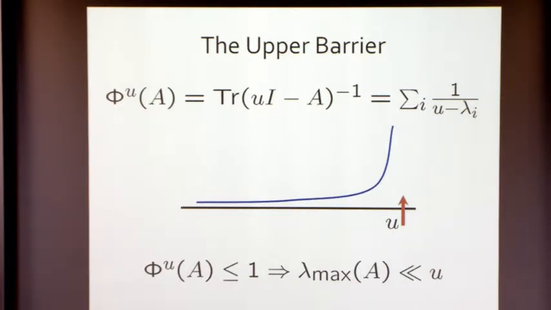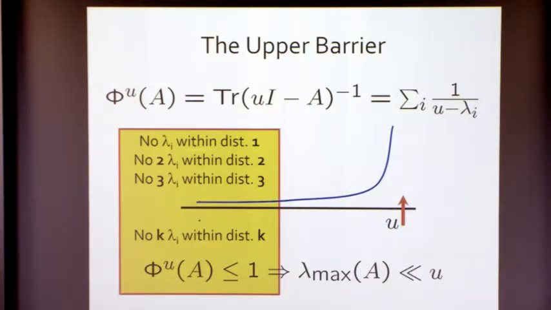Actually it implies something even stronger. If you have any 2 eigenvalues that are clustered, they have to be at a distance of 2. You can't have 3 eigenvalues within a distance of 3. Generally you can't have k eigenvalues within a distance of k of this barrier. It's a smooth trade-off: if you have 1 eigenvalue, you can be close, but if you have k eigenvalues, you better be at distance at least k. All right.